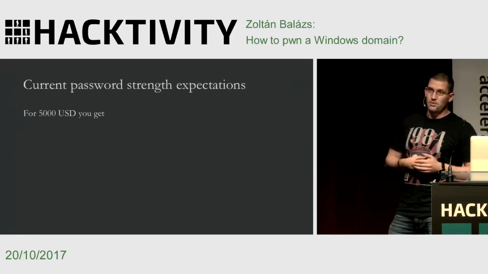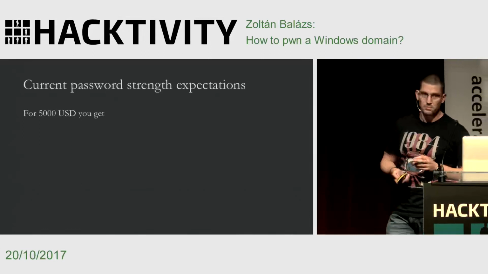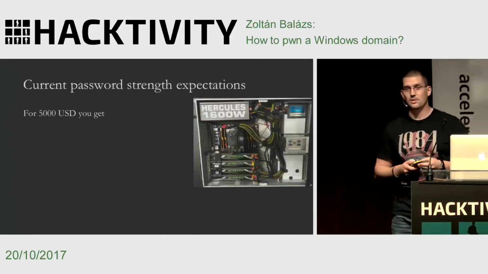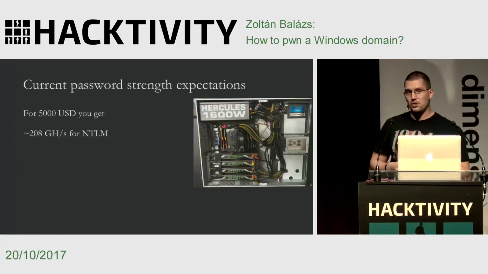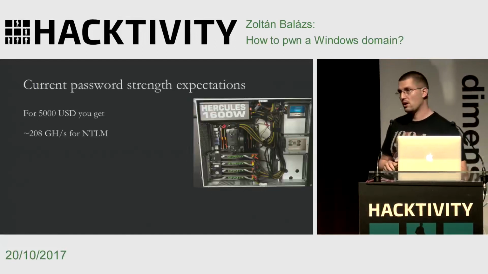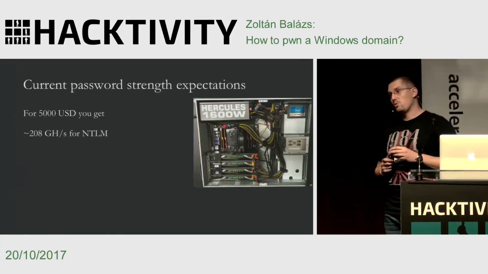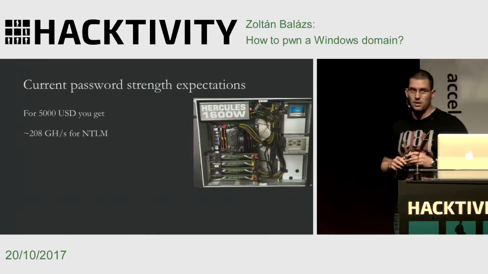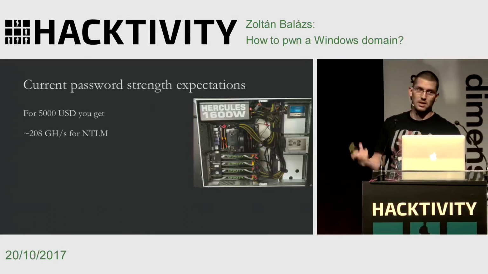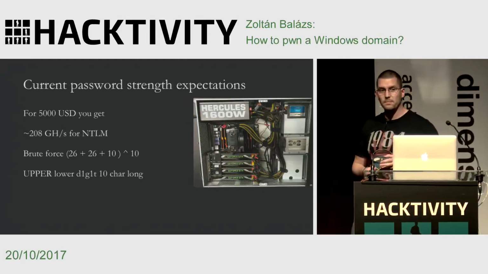Let's say you have $5,000 to spend on an awesome machine, something like this. And this machine can basically try to crack NTLM hashes with a speed of 208 gigahash per second. Yeah, it doesn't mean anything to anyone, I think, these numbers. So let's do the math.